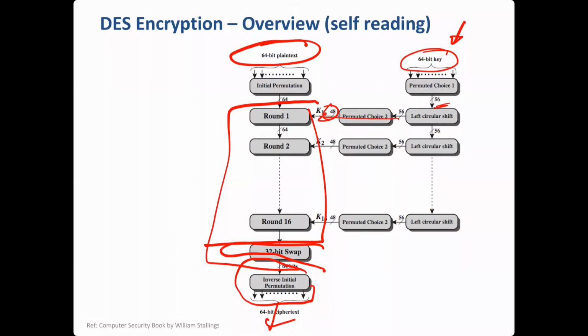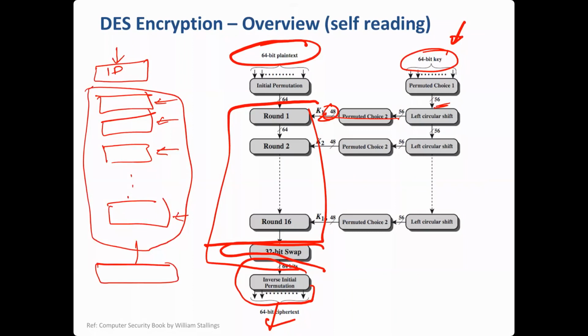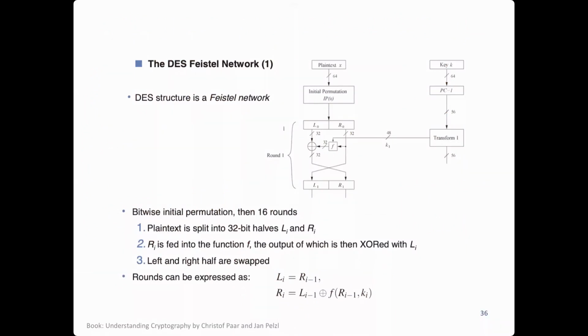So basically we have the initial permutation, then 16 rounds of confusion and diffusion using sub keys generated from the main key, and then the output of the 16th round goes to the inverse of the initial permutation function, the inverse of IP. So this is it. Now let's look at what goes on in each phase.